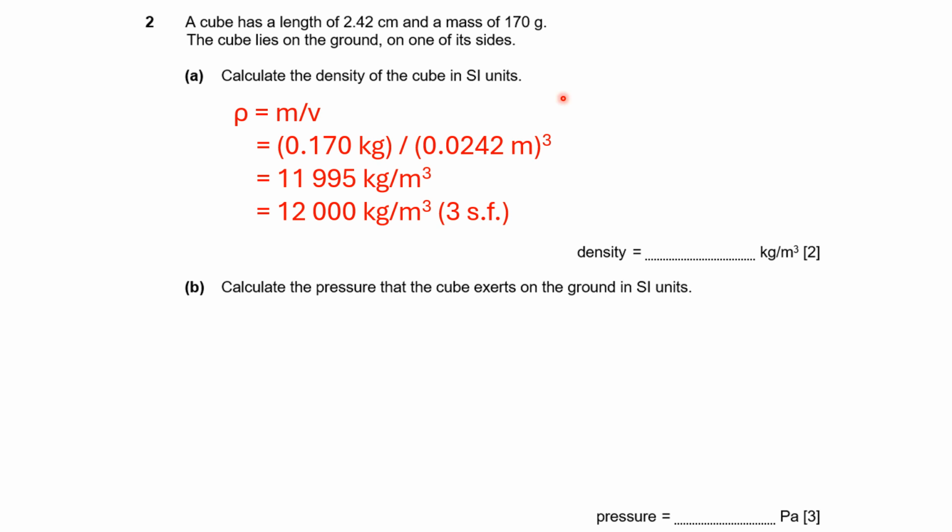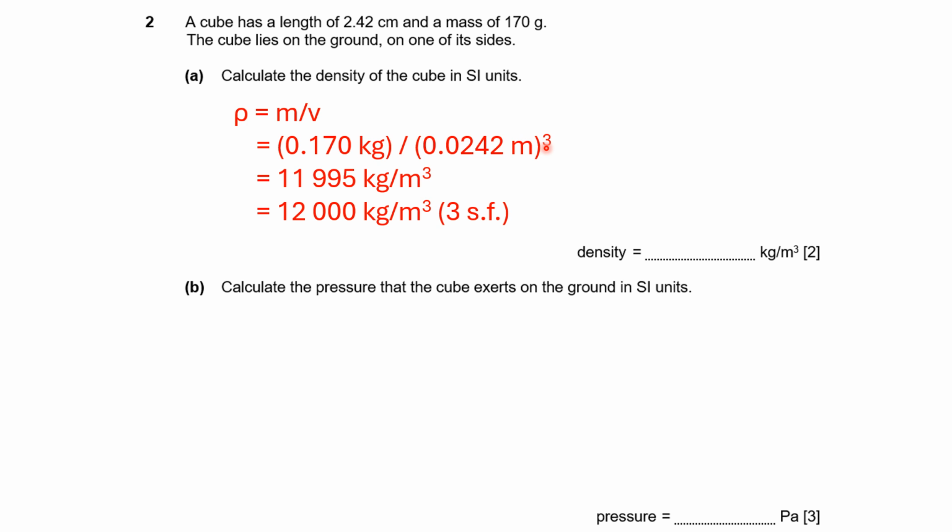And because we want SI units, we have to convert all the measurements into SI units. So 170 grams is 0.170 kilograms. 2.42 centimeters is 0.0242 meters.